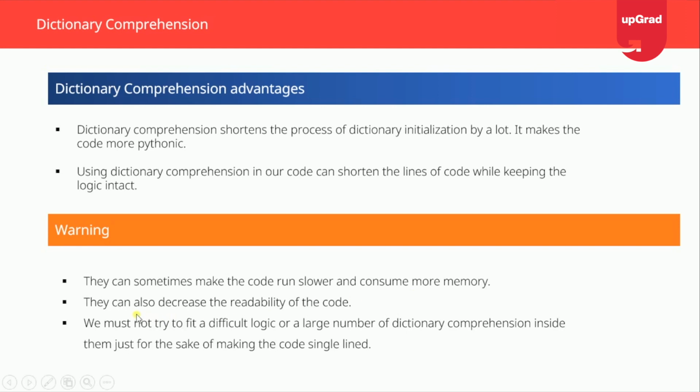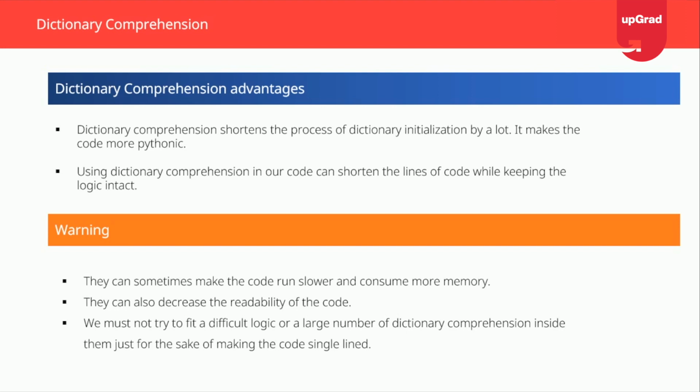Many a times, due to complex programming, dictionary comprehension can decrease the readability of the code. But it will only happen if there is increased or complex programming logic added.